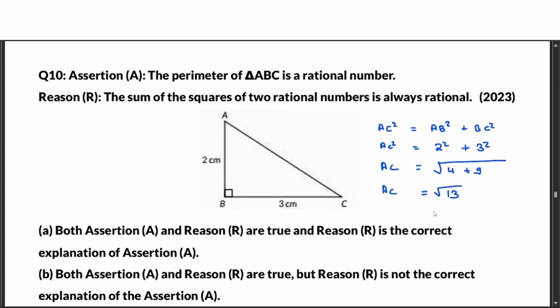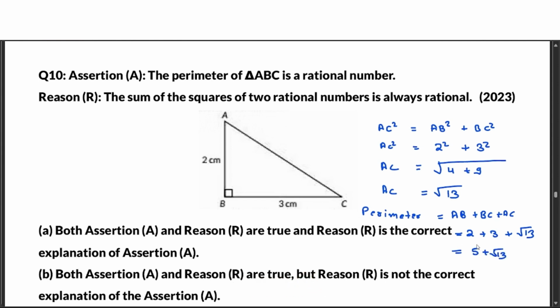Okay. Now if we have to find the perimeter, so perimeter you will get how much here? The perimeter is equal to AB plus BC plus AC. So AB is given as 2, BC is given as 3, and AC you have got root 13. So which means you will get perimeter is equal to 5 plus root 13.